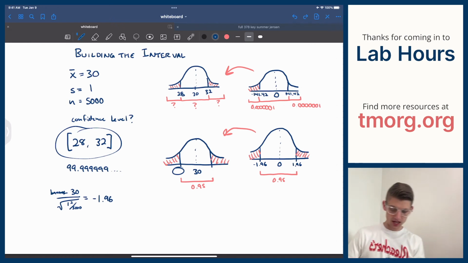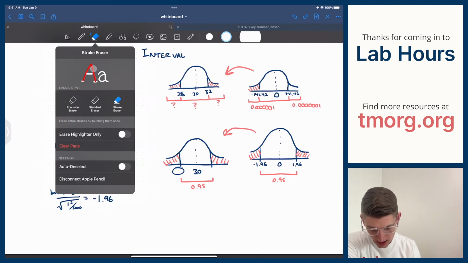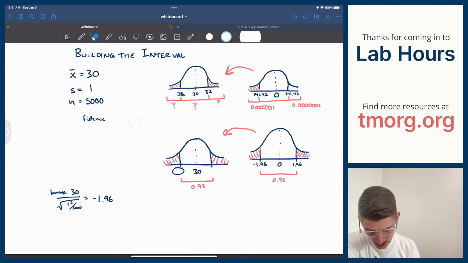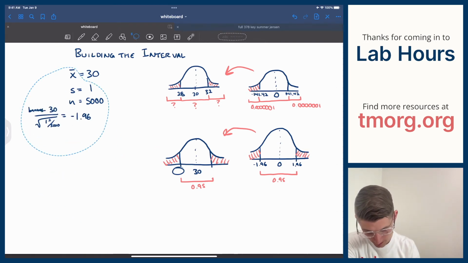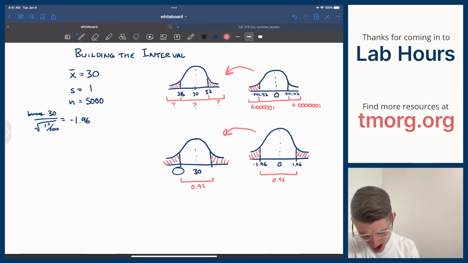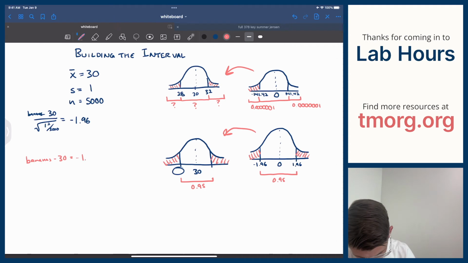Okay, how do I do that? Let's do the math. Let's do the algebra really quick. I'm going to just make some room for it. Okay. Well, first of all, I'm going to multiply by the standard error. So I know that bananas minus 30 is equal to negative 1.96 times the square root of 1 over 5,000, right?